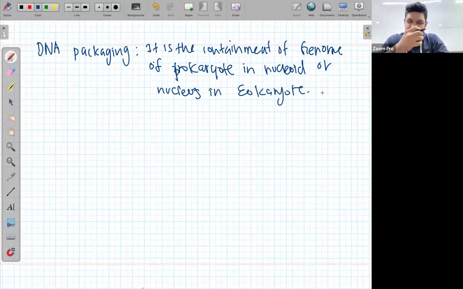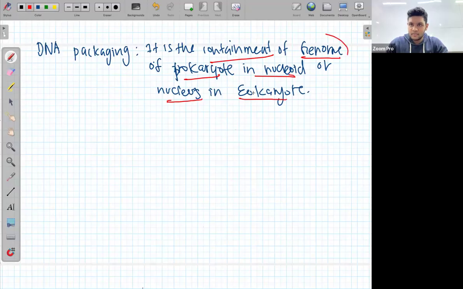Can you understand something from this definition? Try to understand something from this definition. Now, if we break down this definition, they are saying that it is the containment of the genome of prokaryote in the nucleoid, or in the nucleus of eukaryote.